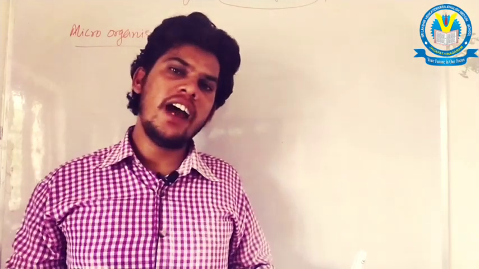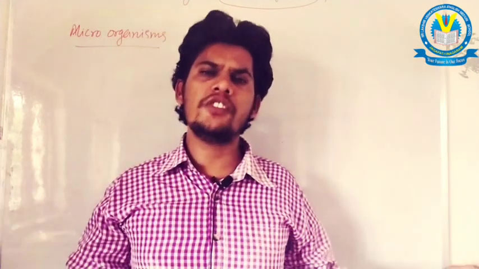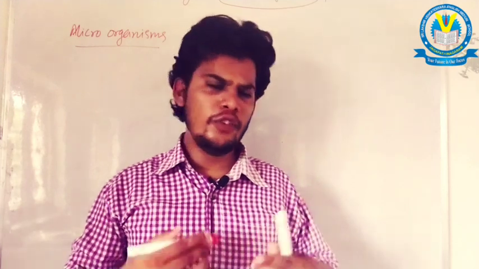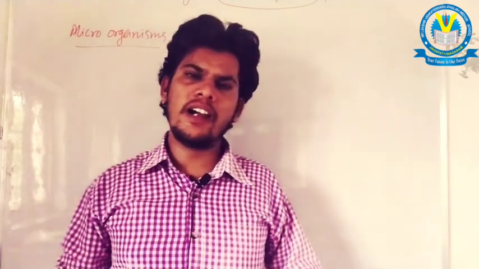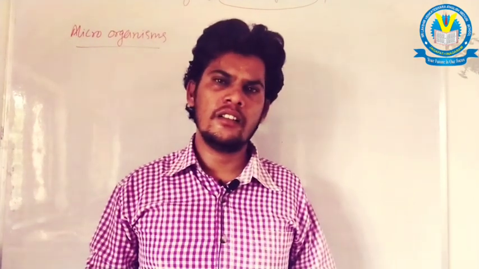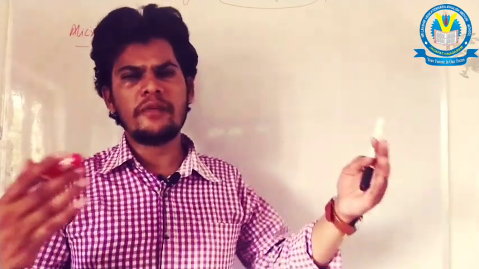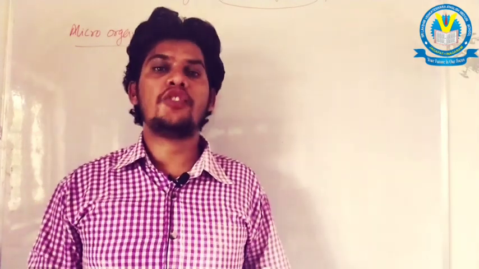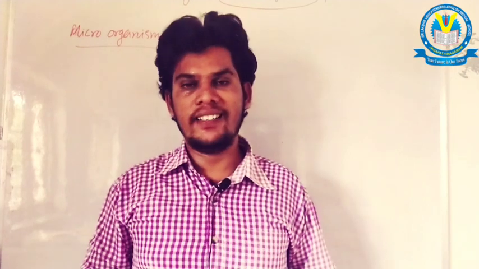So our earth is a very huge museum of organisms. We know about fishes, birds, animals, human beings, small insects, salamanders, amphibians. We know about every organism which is visible to our eyes.